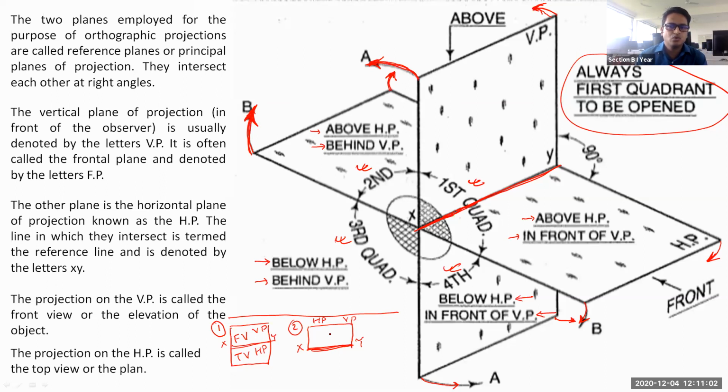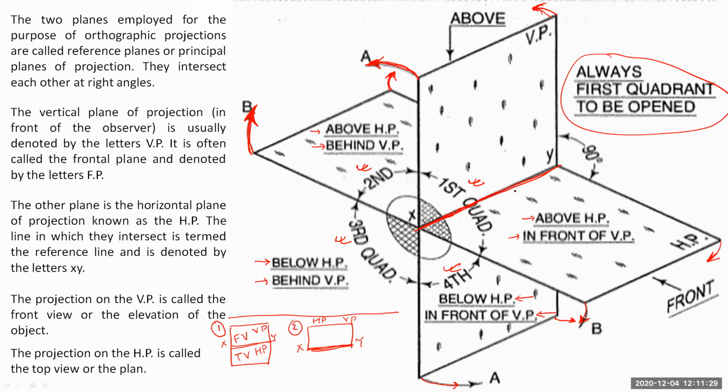Whether it is clear to all of you or not, you tell me. Yes, sir. Clear? Yes. Okay. One student has written, sir, please explain it once again. Okay, I will explain it once again.